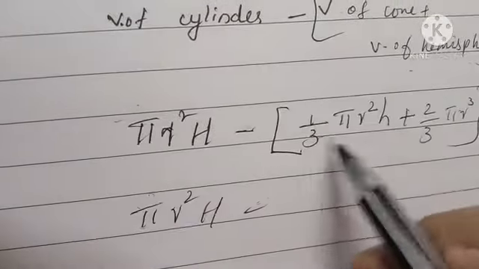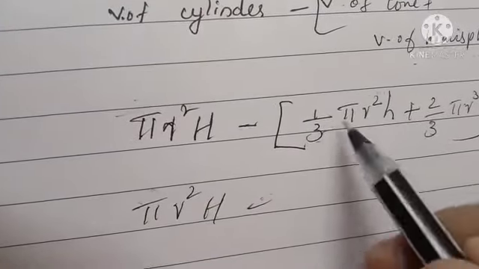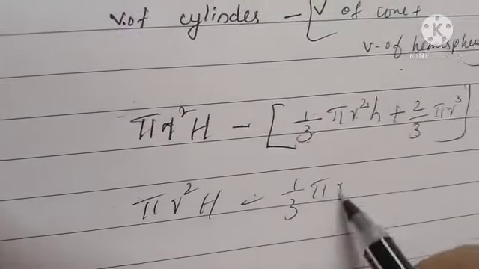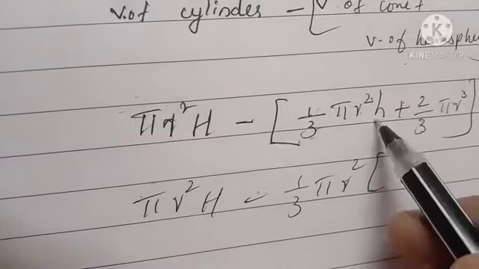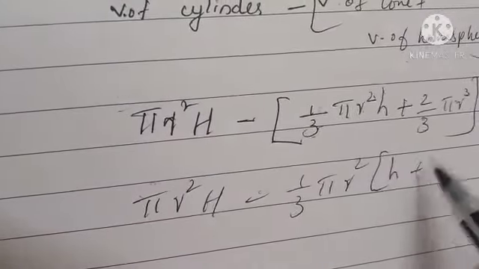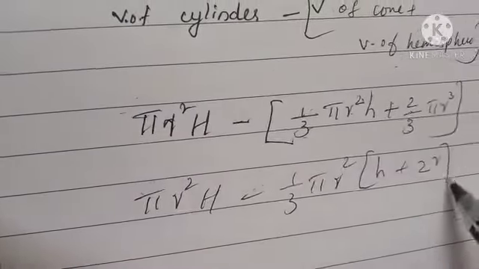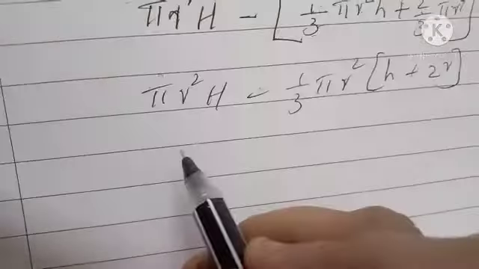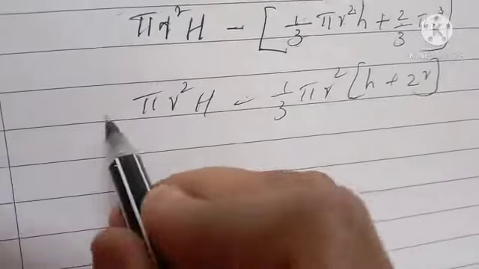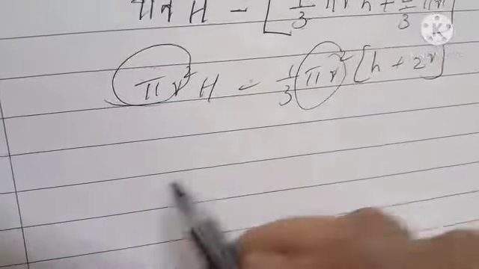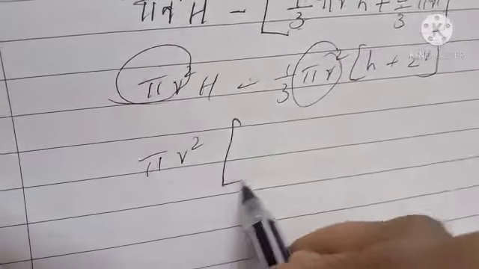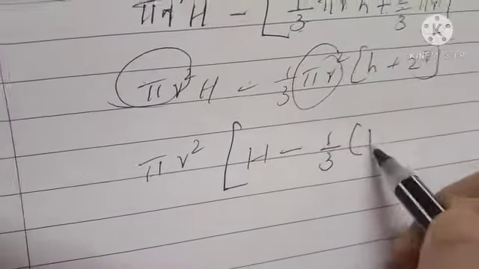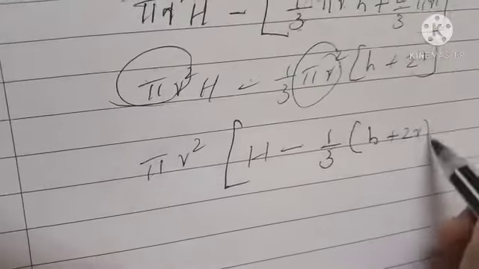I took the common factor 1 by 3 pi r square from these two terms. Remaining is h and 2r. Then again we take the common factor pi r square. So pi r square into capital H minus 1 by 3 into h plus 2r.